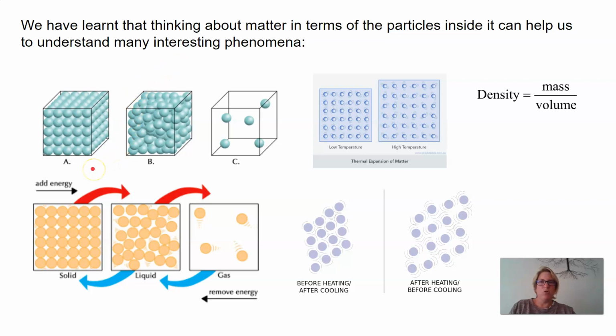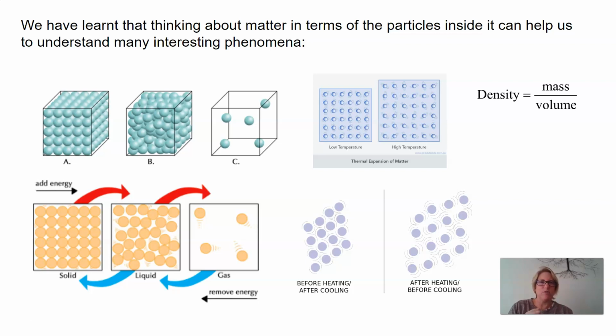Then we can also have a look at what happens when we add or take away energy to these different states of matter, and what processes they go through. Then all of this will link up to what happens when we heat or cool a substance in the same state. So it doesn't necessarily change state.